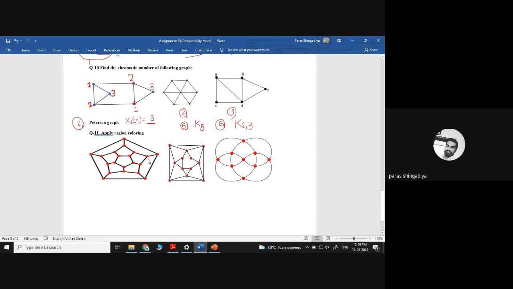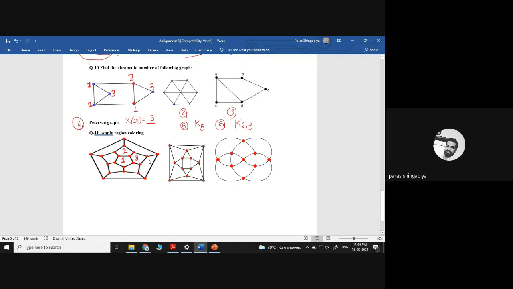So let's assign the first color to the inside region. I put color number 1 there. It may be any color. One means any color you can use. Clear? And here I can put a 2, because they are adjacent. Now this place is adjacent to 1 and 2 both, so I will assign the third color.